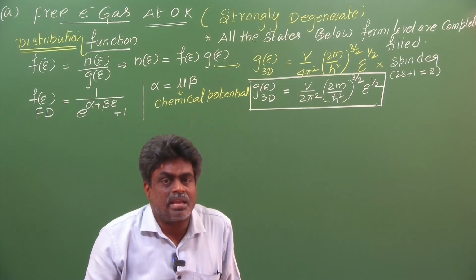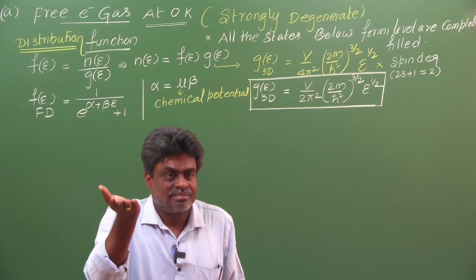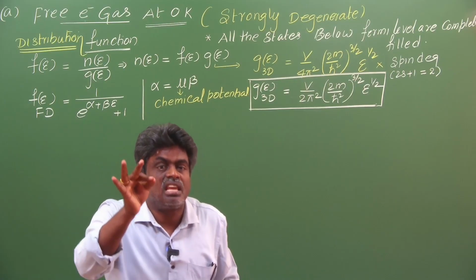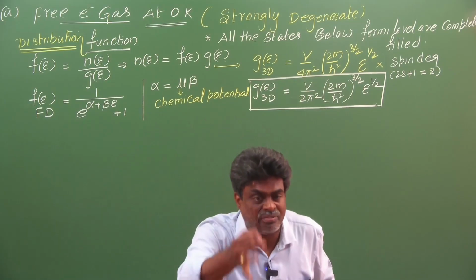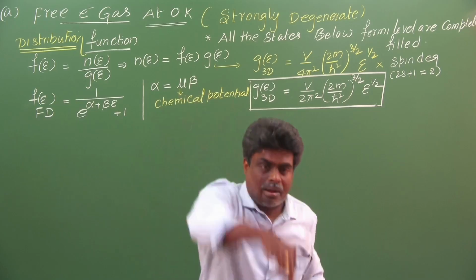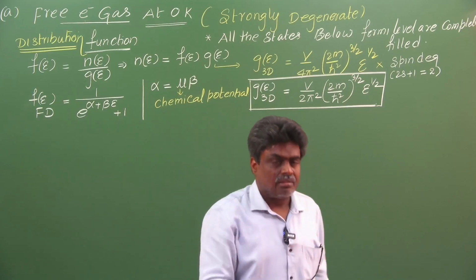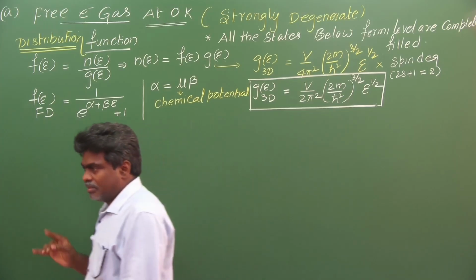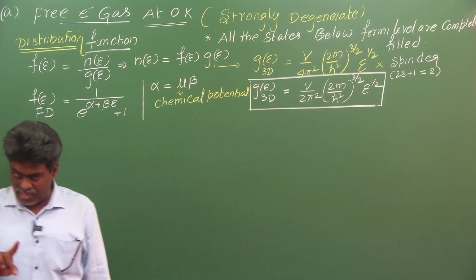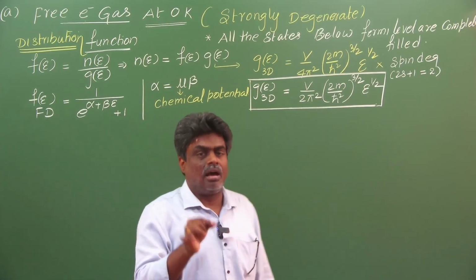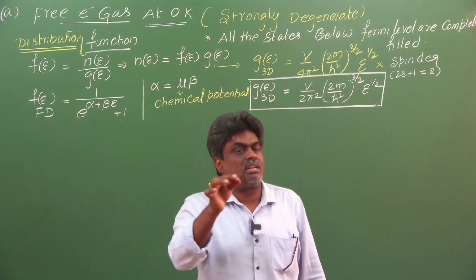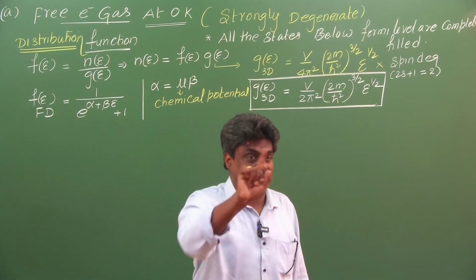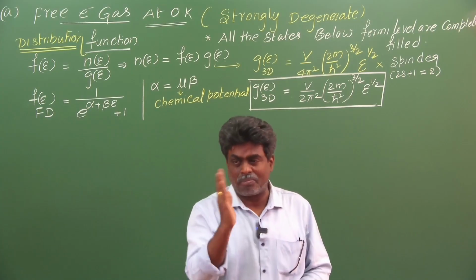Then the system energy raised or decreased? Raised. The amount of energy increased per particle is called chemical potential. Chemical potential means the amount of energy increased when you add a new particle. That's why per particle.